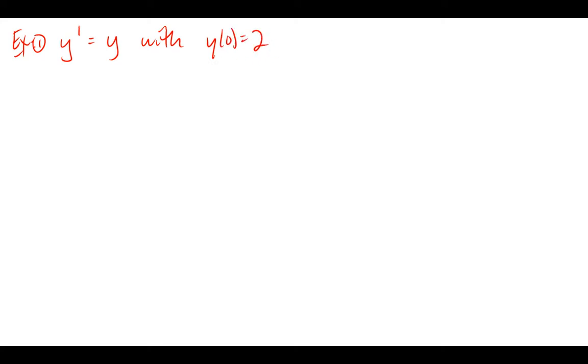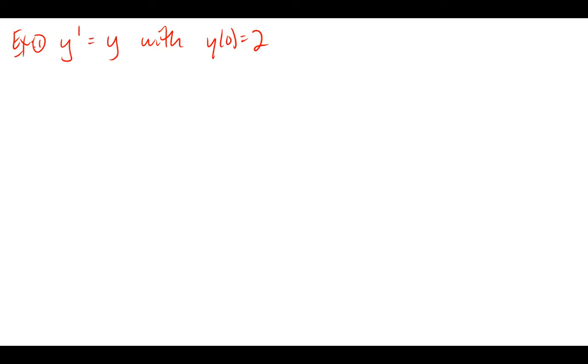Now, conceivably this is a problem we did on the first day of the semester, back in January. Even if it wasn't, we did an awful lot like it. Somebody told me way back when that a solution to this might be e to the t, because all this is saying is the derivative of y equals y. Then we learned things like separation of variables.